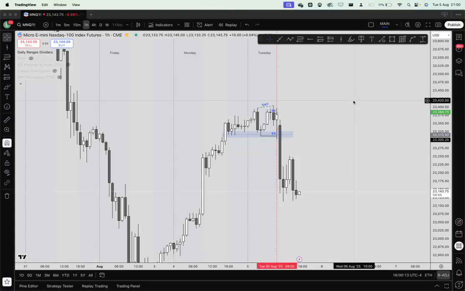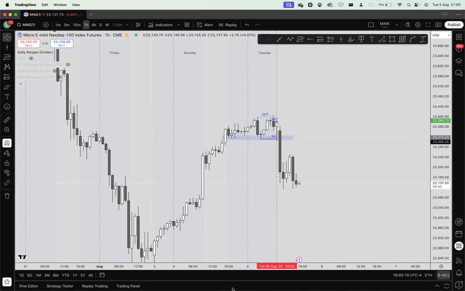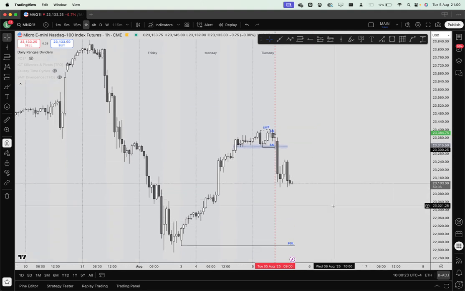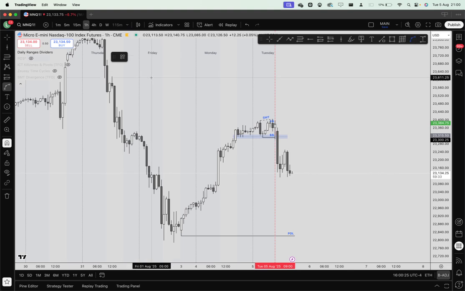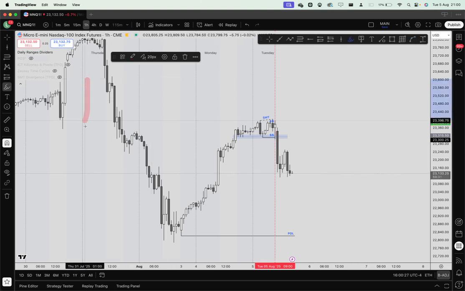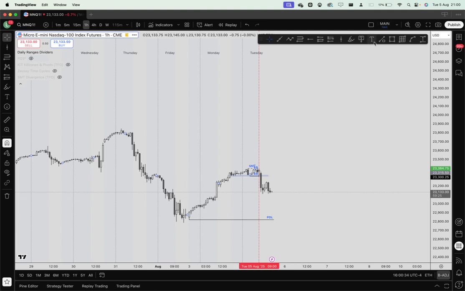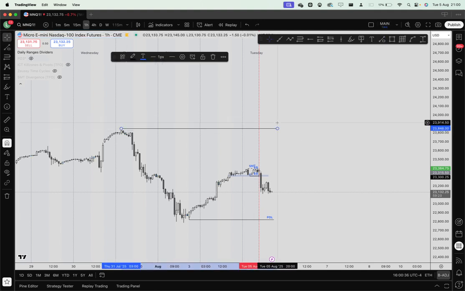Today I made $750 trading the Nasdaq, and this is exactly how I did it. Coming into the day, I wasn't really bullish or bearish, I was kind of neutral. As you saw in my video yesterday, we had this buy side of the curve, sell side of the curve happening, and on the higher time frame, we have this buy side of the curve to complete as well.